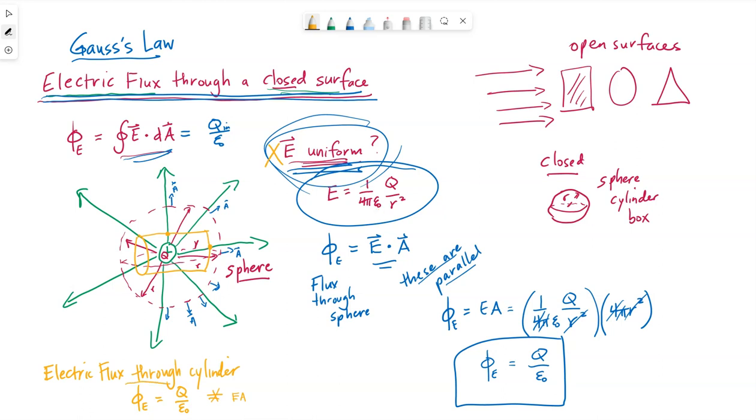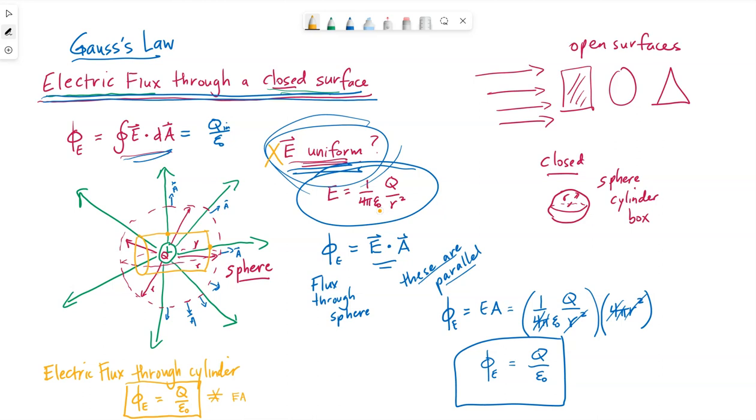But it would most definitely equal the charge enclosed divided by epsilon naught, which is actually pretty awesome because that simplifies finding flux. If we can find the net charge located within the closed surface, then we can find the flux.